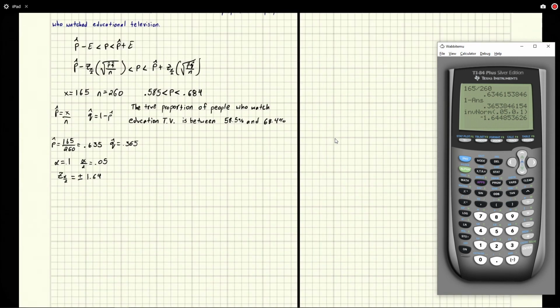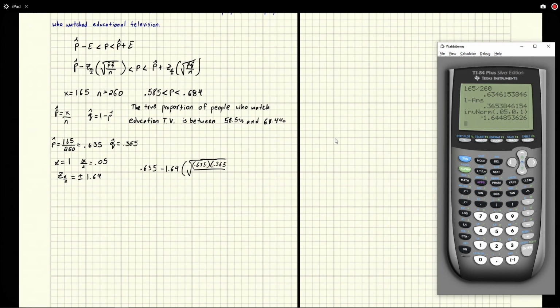Now we can plug into our formula. So our p hat is 0.635 minus our z-score, 1.64, times the square root of p hat times q hat, that's 0.635 times 0.365, there's something kind of poetic about that, divided by n, which in this case, what was our n?